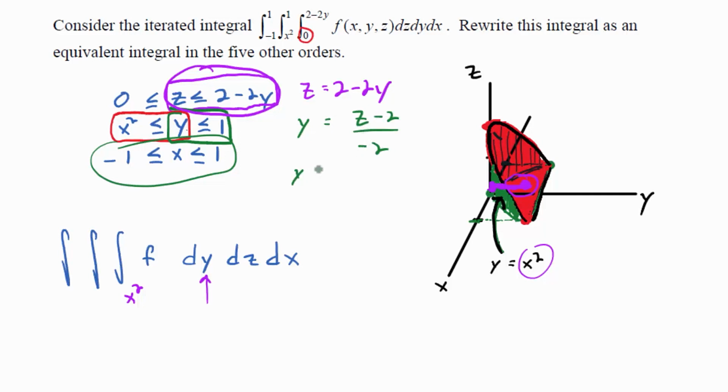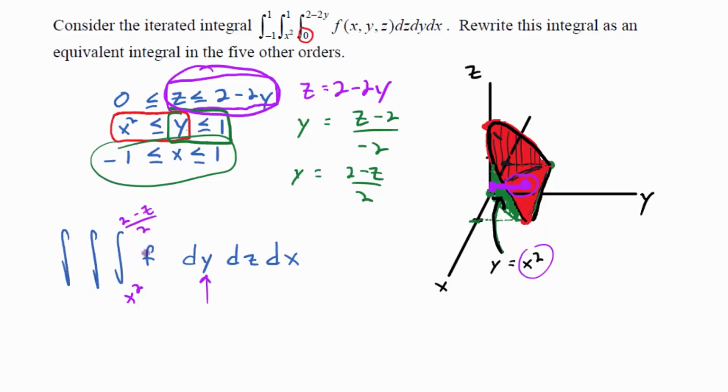Which, hopefully you can see, is the same as 2 minus z over positive 2 if you factor out the negative up top and turn things around. Everybody believe that? So I could make the upper limit of integration, inner limit, 2 minus z over 2, or I could split it up, make it 1 minus 1/2 z. Either way is fine. 2 minus z all over 2 will work.